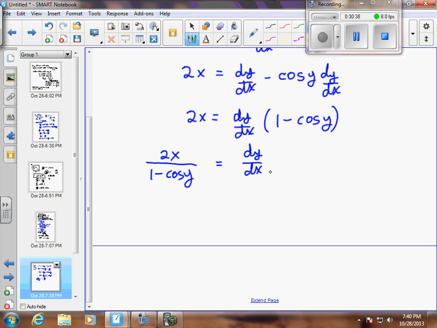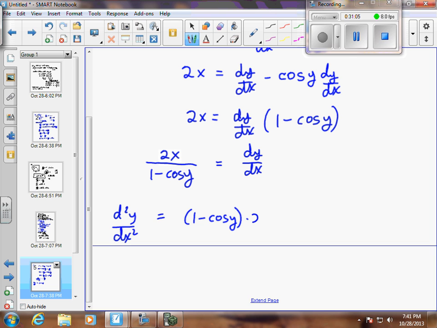Now I want the second derivative, the quotient rule. And of course the derivative of the right-hand side is just d squared y dx squared, and I'm going to put it on the left. Is that okay? And then I'll do the quotient rule here. So low d high. What is d high?